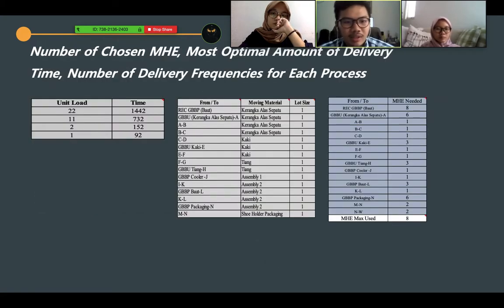This is the number of chosen MHE or material handling equipment, the most optimal amount of delivery time, and number of delivery frequencies for each process. You can see the data in the table.